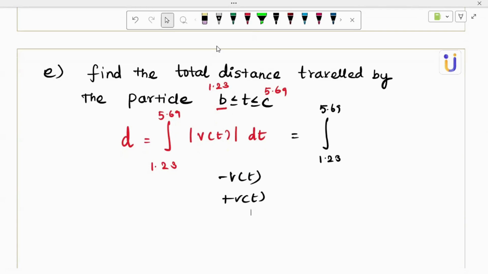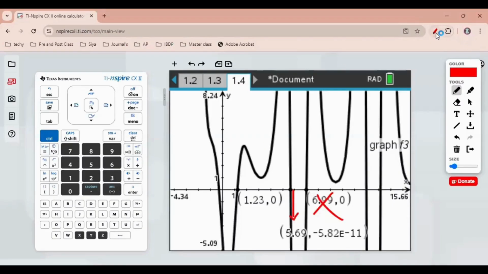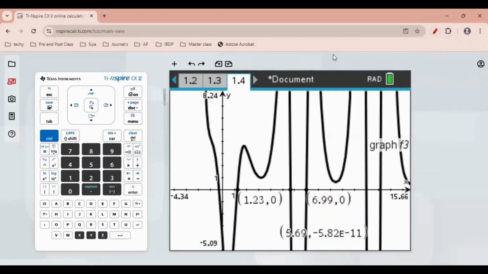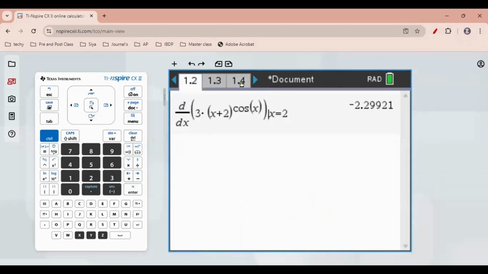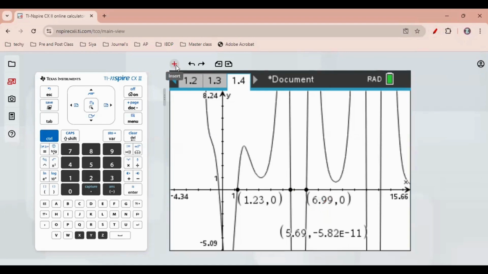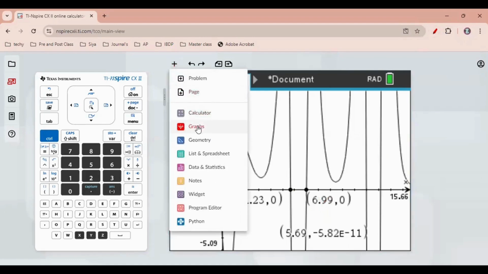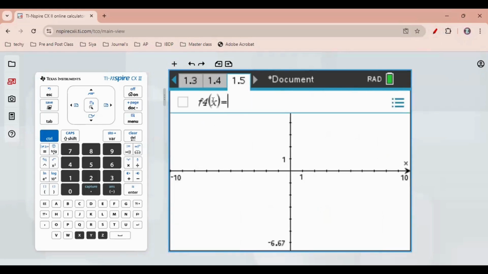Okay, actually we need V of t. Is it already marked? Check. Okay, so we can take a new one. What is V of t? It is d by dx of our displacement.